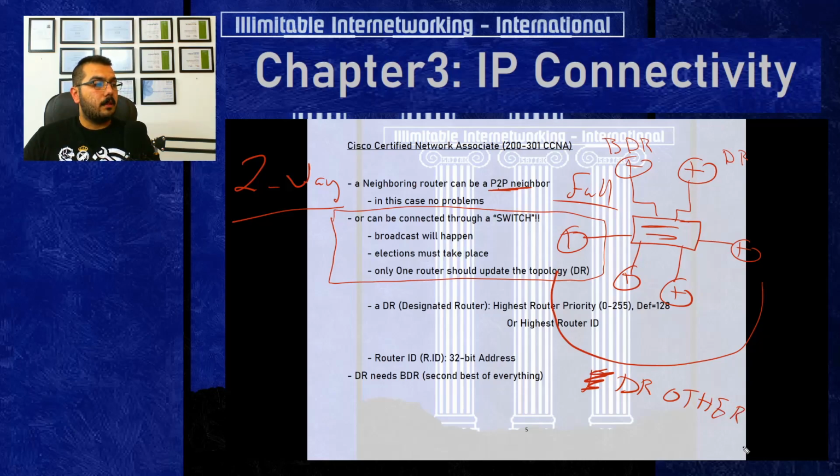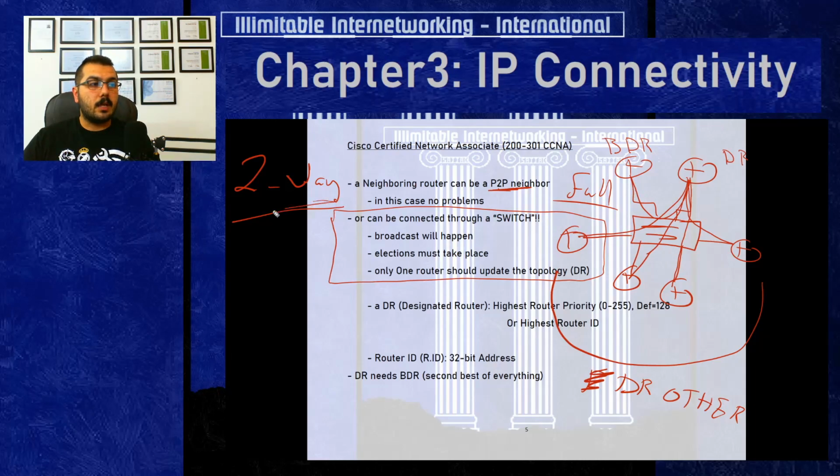So the relation of full adjacency will occur between the designated router and DR others 1, 2, 3, okay, and also the BDR. Once this becomes a DR, also it will have a full adjacency between all of them.